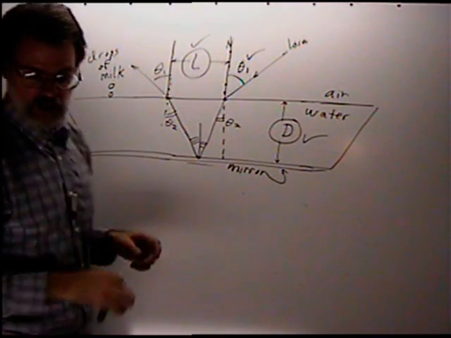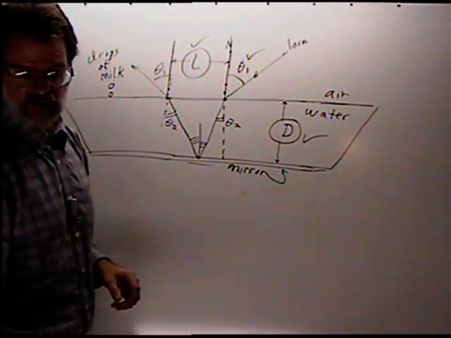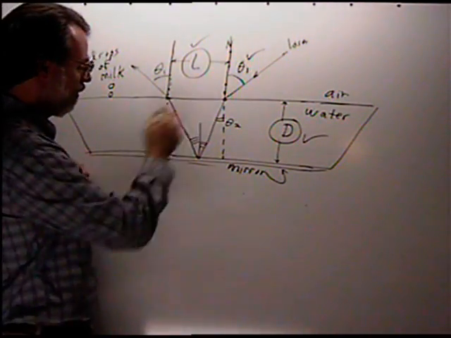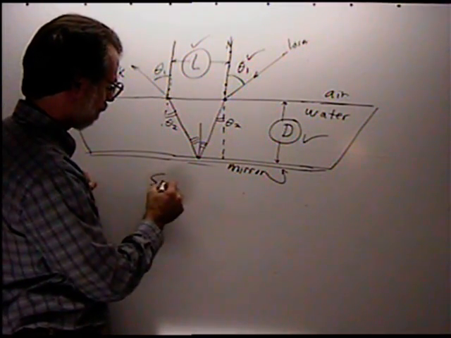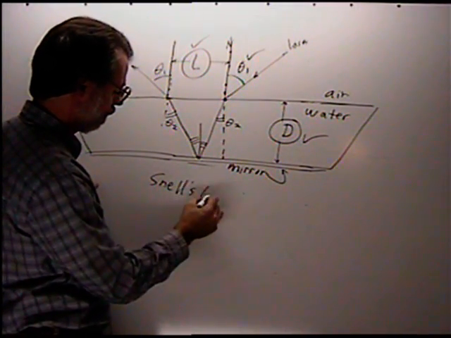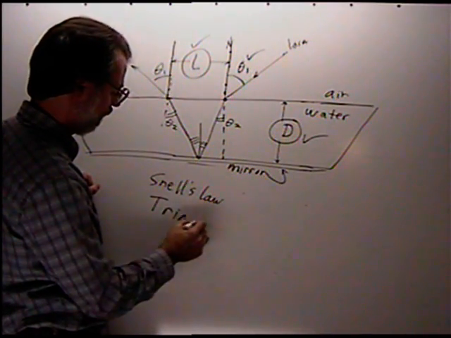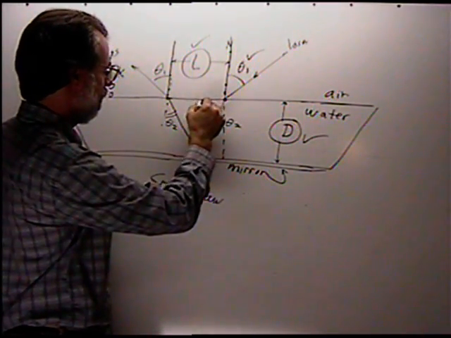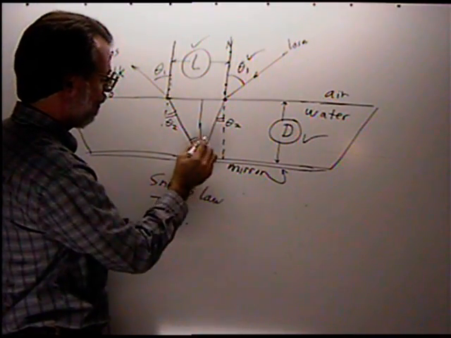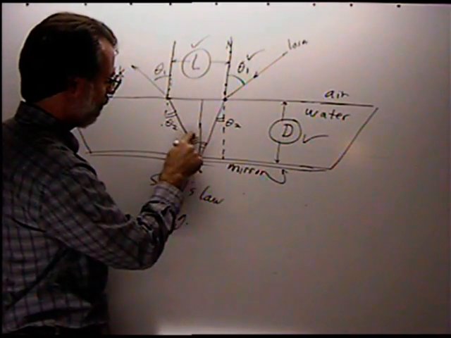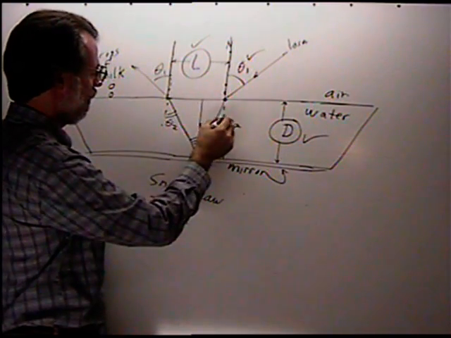Now, on page 5 is to use Snell's law and use trig functions, and use symmetry here. Notice that this angle here is equal to this angle here, and these theta 2's are equal.